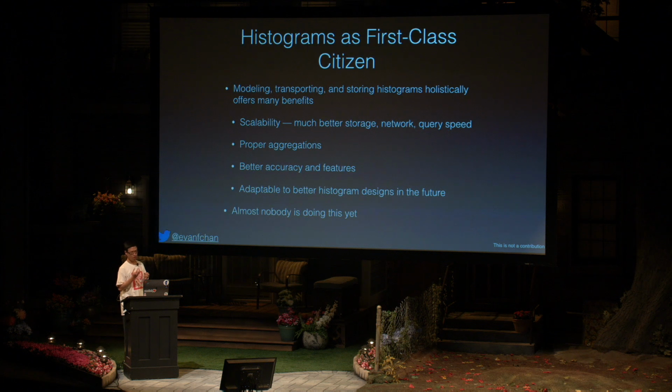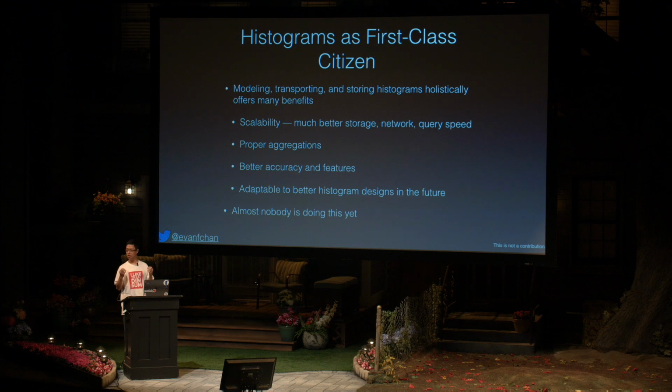So we'd like to introduce a concept which is treating histograms as first-class citizens. What I mean by that is that starting in the client, you have good client libraries, and we want to model and transport and store histograms as their own entity throughout the pipeline, from front to back.